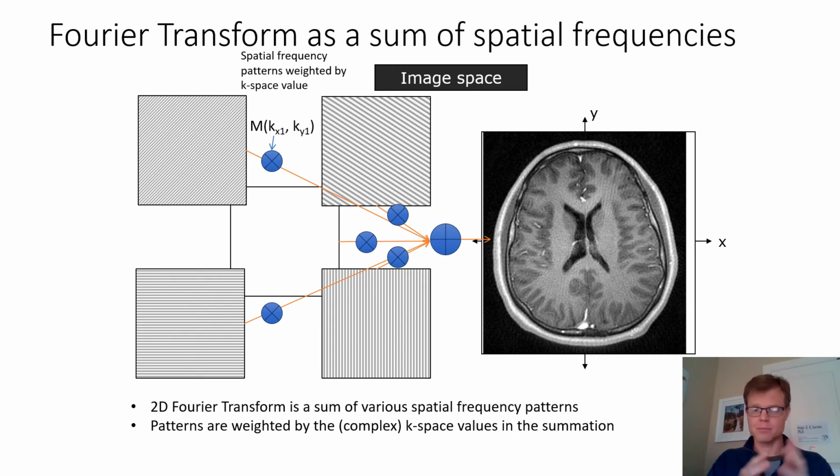And then we add them all together to create the image. And what's going to be different between one person or another, or a different type of contrast, is not the spatial frequency patterns, those are fixed by Fourier theory, but the weights that are applied, and those are going to change how our image looks.